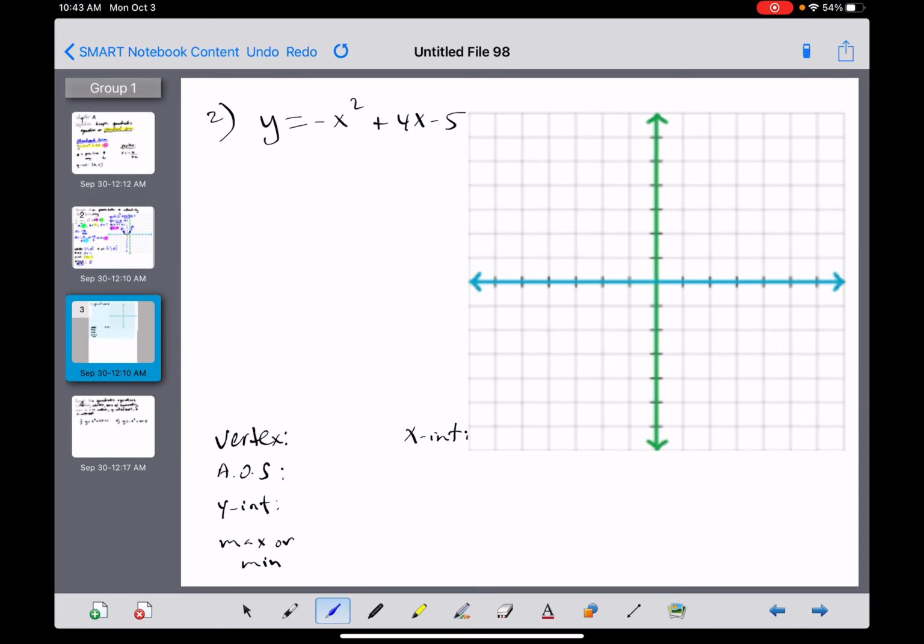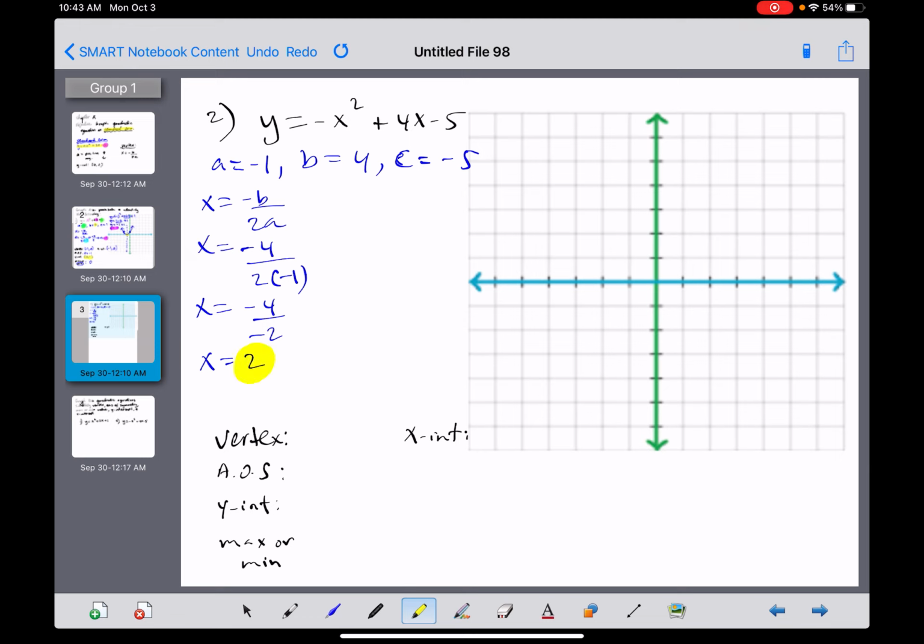Let's look at number 2. Let's identify a, b, and c again. a is negative 1, b is 4, and c is negative 5. Using the vertex formula, x equal to negative b over 2a, we get negative 4 over 2 times negative 1, so x equals negative 4 over negative 2, which is a positive 2. To get my y answer, I plug this 2 into the x's.